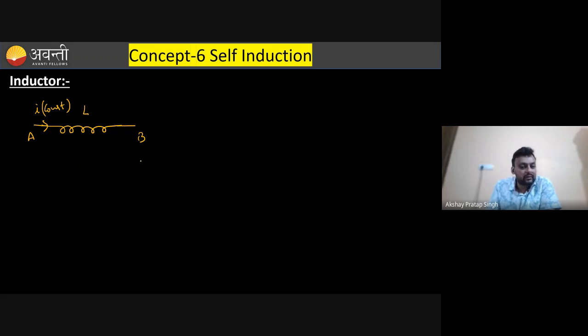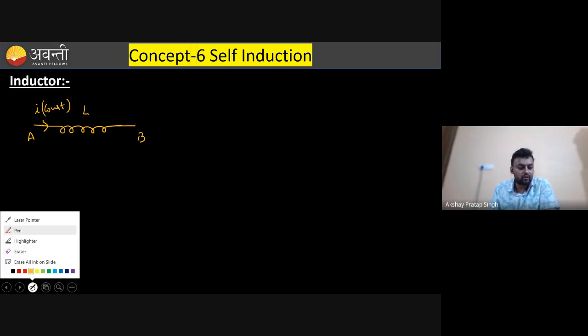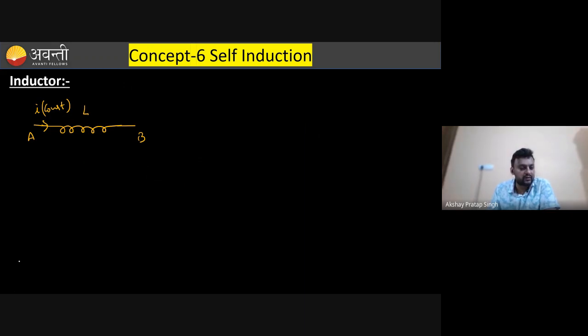Then what will be the induced EMF? Can anyone tell me? If a constant current passes through it, what will be the self-induced EMF through this inductor?